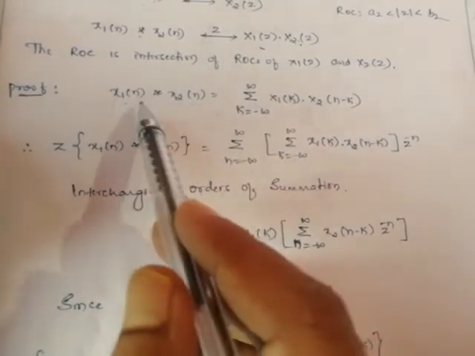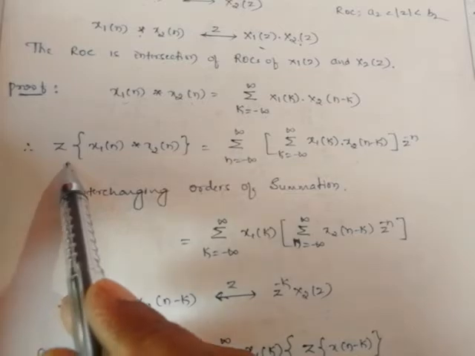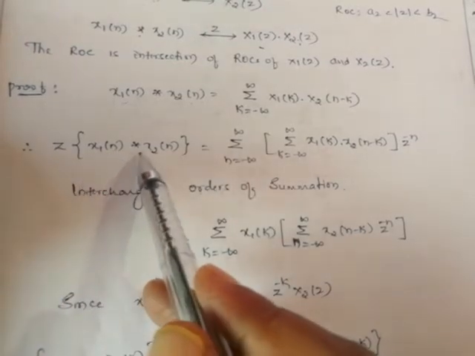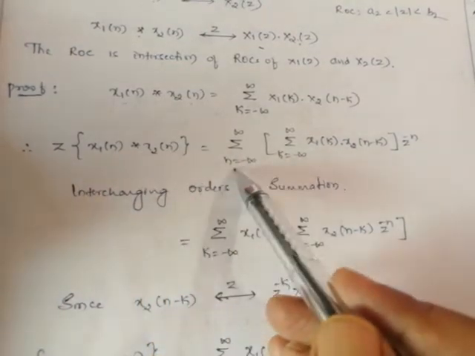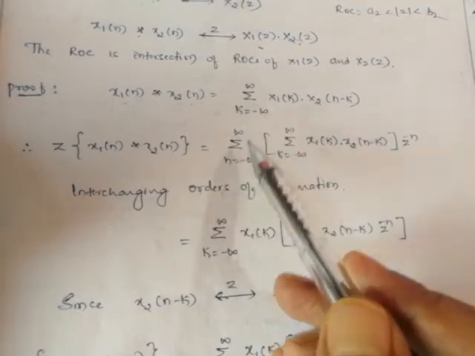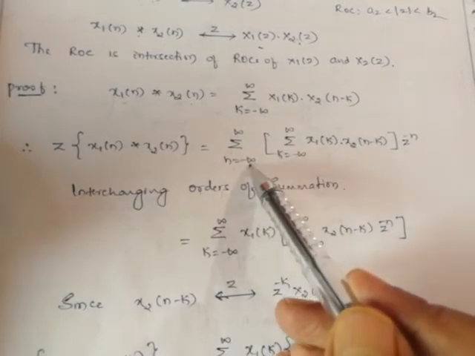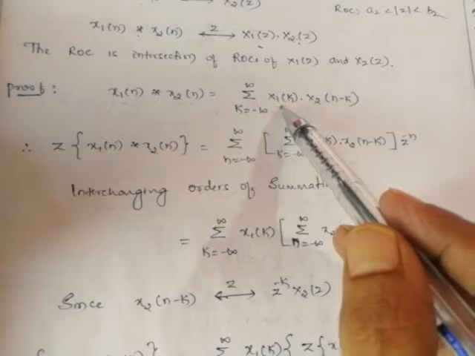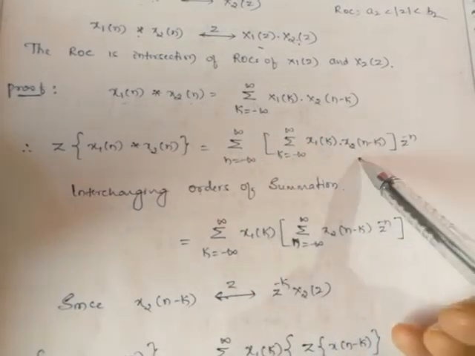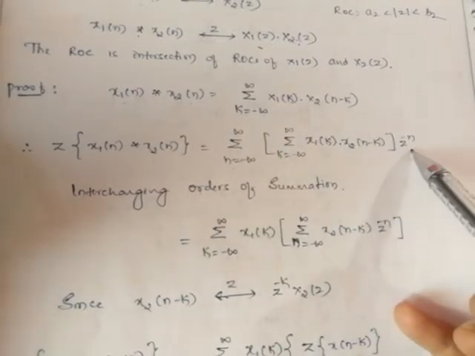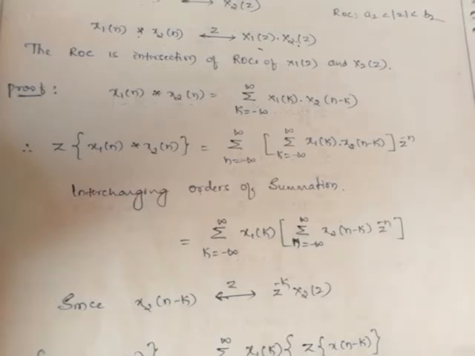Now if we apply the z transform, the z transform of x1 of n convolved with x2 of n equals the summation n equal to minus infinity to plus infinity of x1 of k into x2 of n minus k multiplied by z to the power minus n.